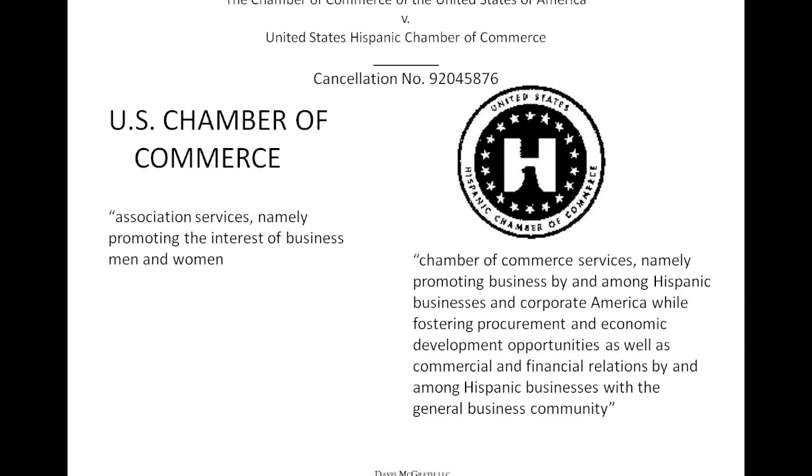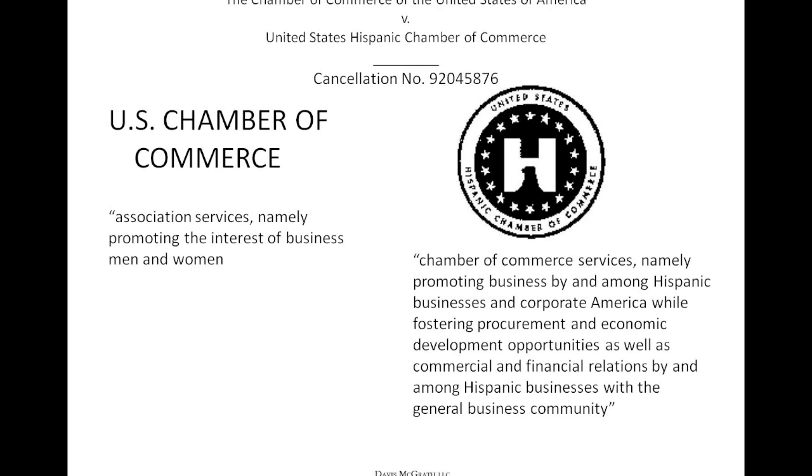And then what was really telling is that they looked at whether there's any market interference between these two entities, but there's no evidence of that. Instead, the respondent, the Hispanic Chamber, was able to point to evidence in which the U.S. Chamber of Commerce and the Hispanic Chamber of Commerce had worked together for a long time and were frequent collaborators on certain projects.